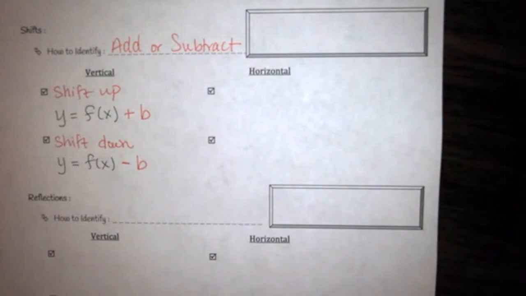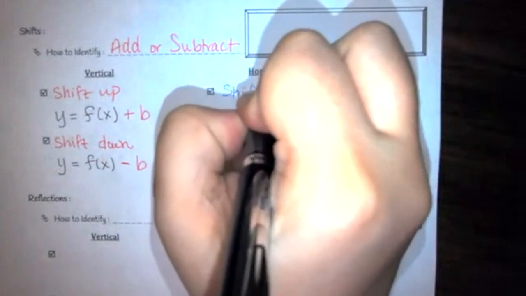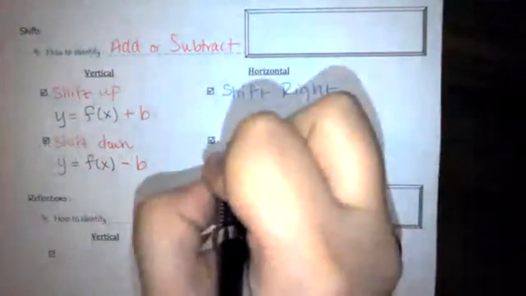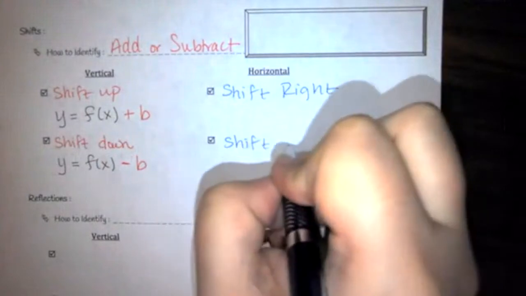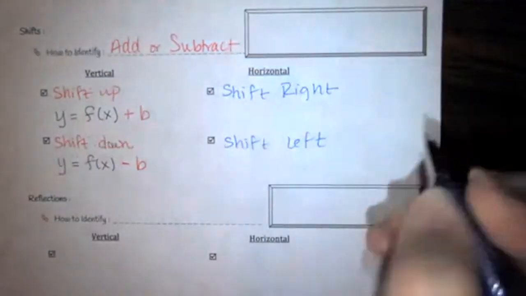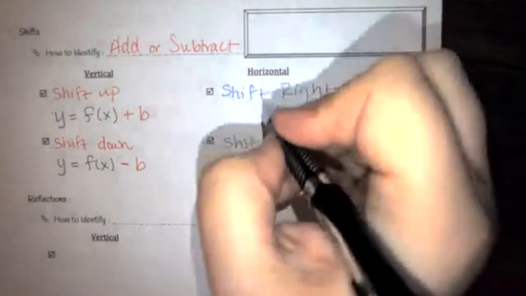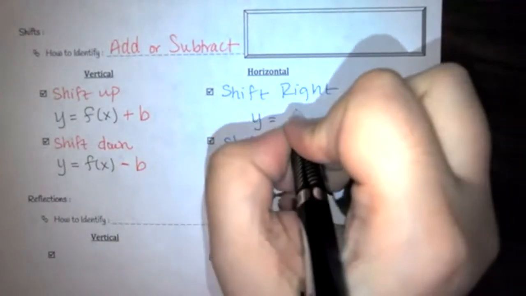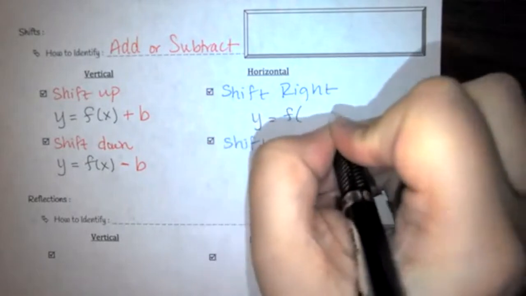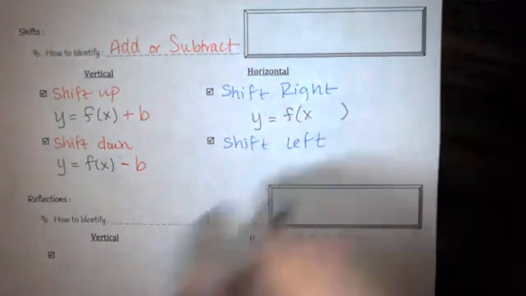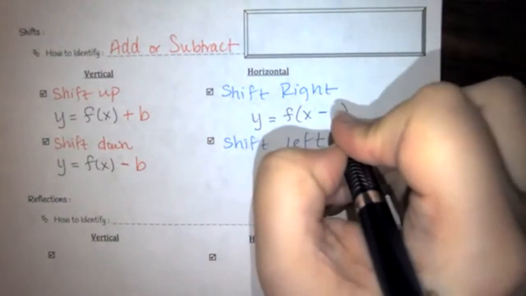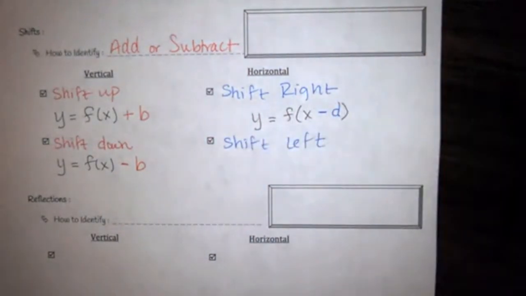Now, what we have on the other side is where I can shift to the right, or I can shift to the left. Shifting to the right says that I'm going to take my function y equals f of x, and what happens is now we are inside, so we are going to subtract some constant.